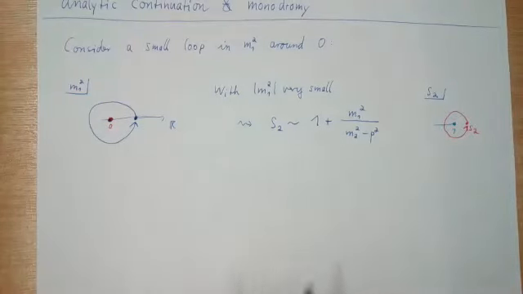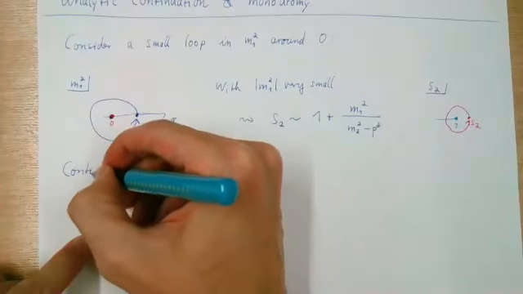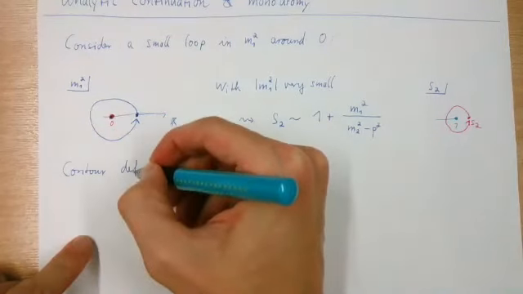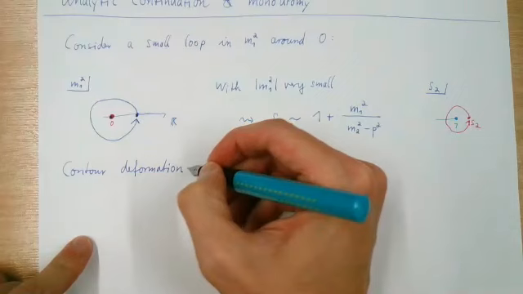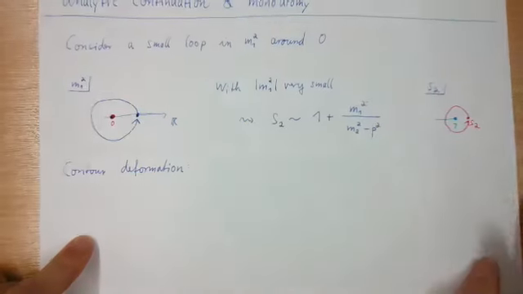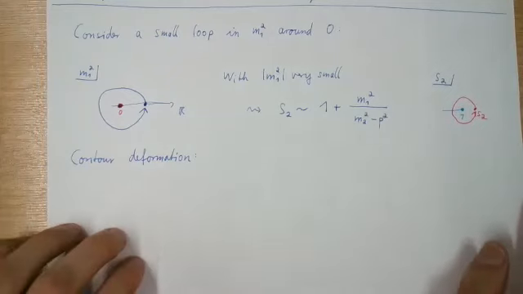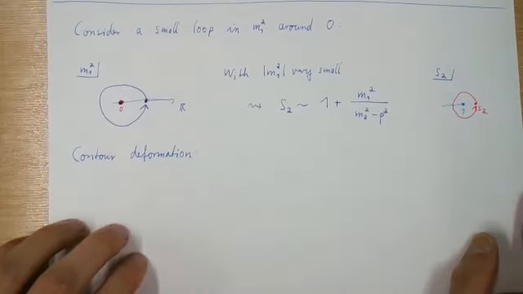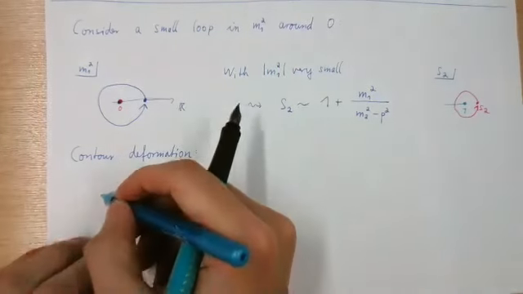Okay, so now we have to do the contour deformation. In this case, you can easily visualize what happens. In higher dimensions this gets extremely complicated very quickly, as you'll be able to imagine after this one. But here, everything is easy to do.